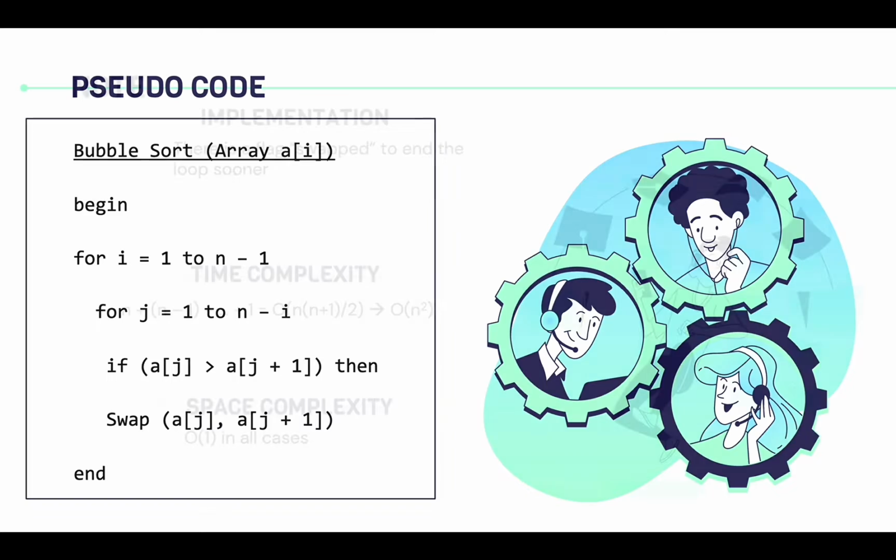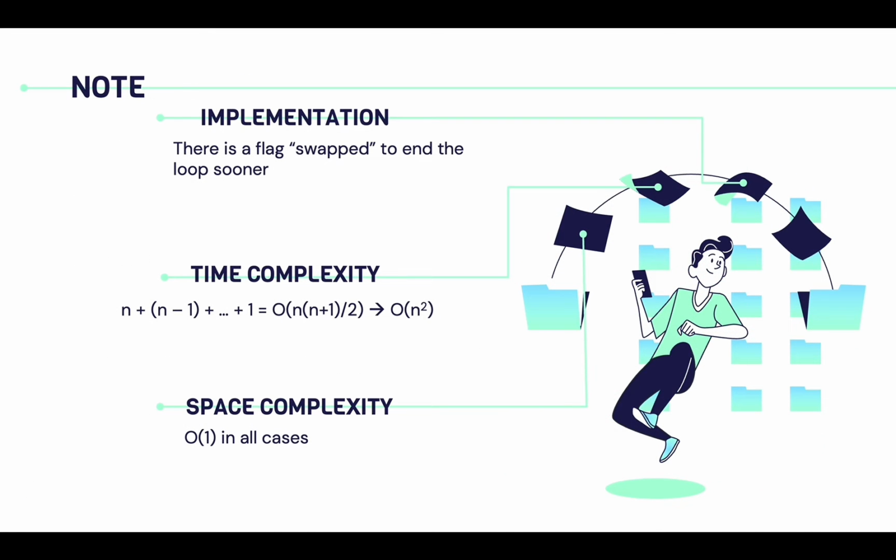Okay, now I will go to some notes about the bubble sorting algorithm. Talking about the implementation of the bubble sorting algorithm, we can add a flag swap which returns true if there is any swap and returns false if there isn't.